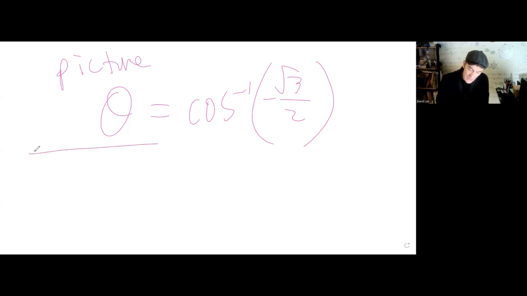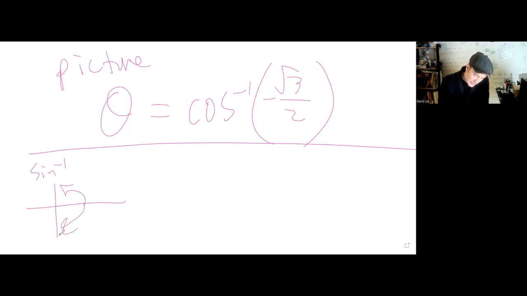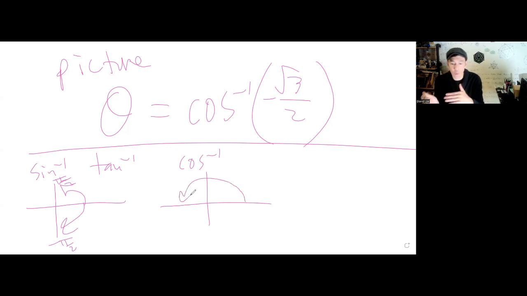Recall some facts. Recall sine inverse goes from negative pi over 2 to pi over 2. And that's the same for tangent inverse. So if you have sine inverse or tangent inverse, you're somewhere either in quadrant 1 or the negative quadrant 4. However, if you're in cosine inverse, you're somewhere between quadrants 1 and 2.